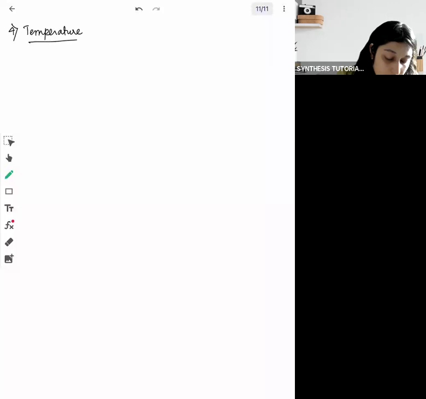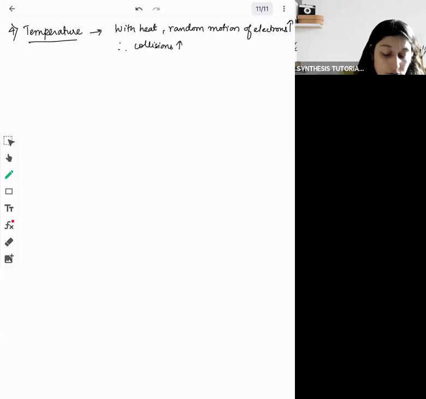Okay, so temperature basically with heat, random motion of electrons increases. Okay, therefore collisions increase, and as collisions increase, resistance increases.